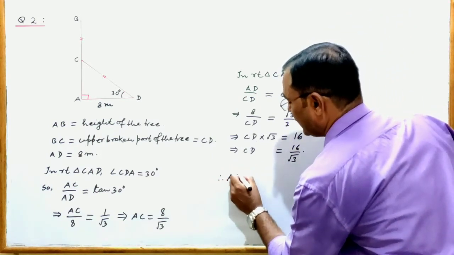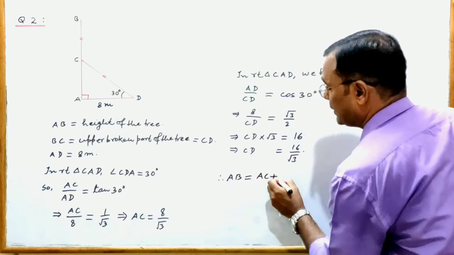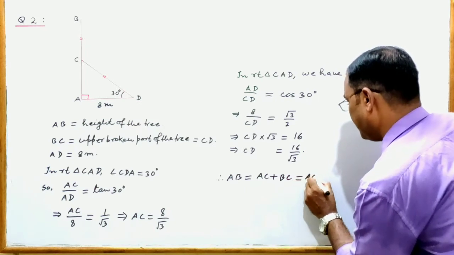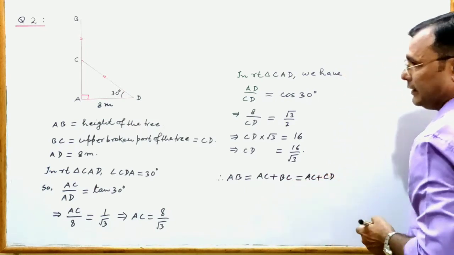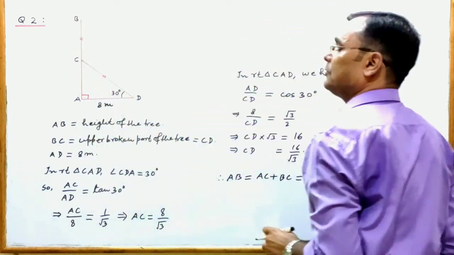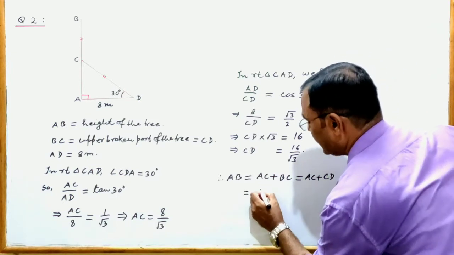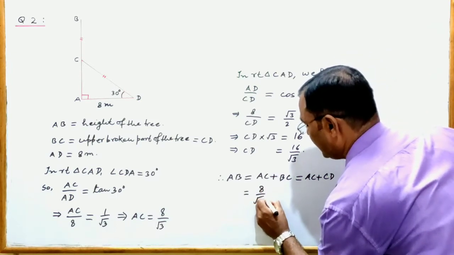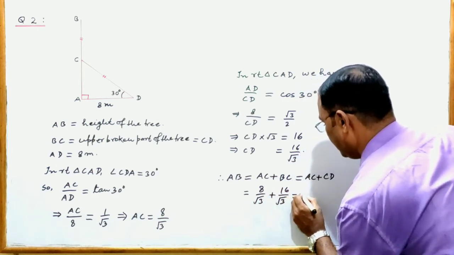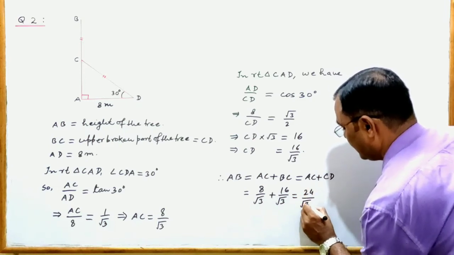Therefore, AB you can write equal to AC plus BC, which is AC plus CD, because the upper broken portion BC is actually CD. So this is equal to 8 by root 3 plus 16 by root 3, which is equal to 24 by root 3.